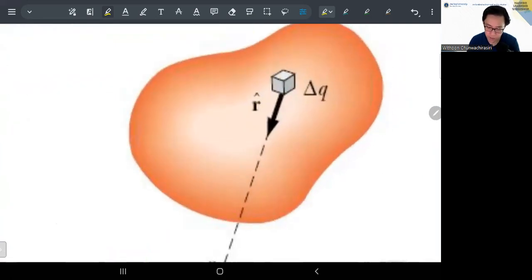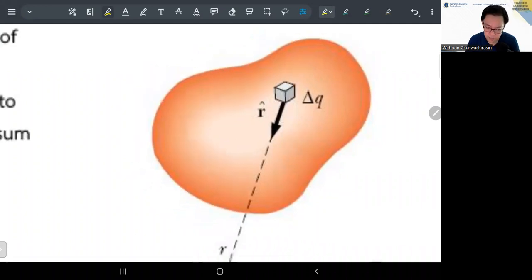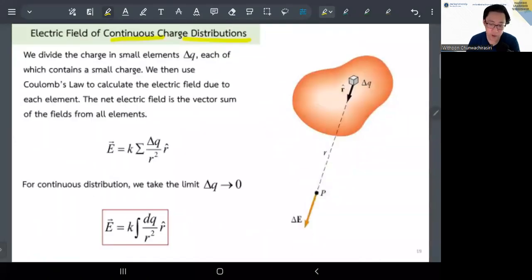Here, you have a bunch of charges that you don't want to deal with individually anymore. You can assume that these charges are arranged in a continuous fashion. Nice. And the question stays the same. You are at some point P away from this charge distribution, and you would like to figure out the electric field at point P. So the idea is very straightforward.